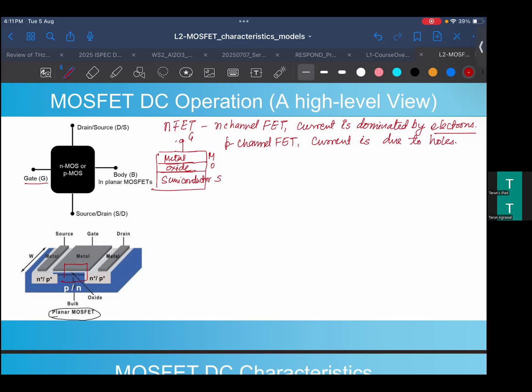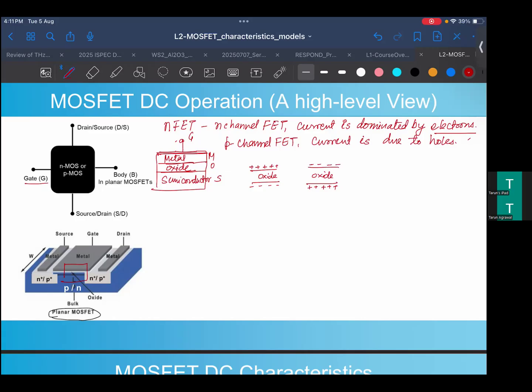If one understands that we are generating charge in the MOSFET through a capacitive action, then you know that if you apply a positive charge on one plate of the capacitor, you will have negative charge on the other, which is typically your electrons. And if I want a positive charge on the other plate, which is my channel plate, because this is your oxide, then you have to apply negative charge here.